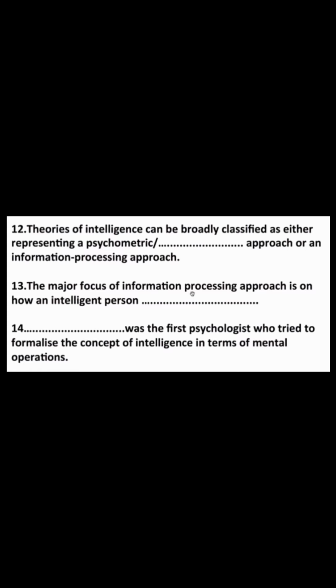Okay, how does an intelligent person present himself, how he shows his behavior. That is the focus of information processing approach. So this way I have discussed your 12th and 13th statement. Answer of 12th will be structural and answer of 13th will be acts. Okay, how a person acts.